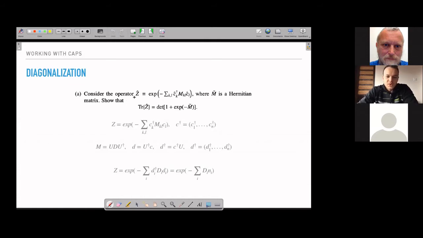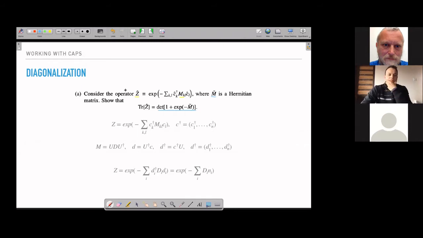At first, you're asked to consider the following exercise. You have an operator Z here, which writes as the exponential of a double sum of a combination of creation and annihilation operators with matrix elements. Here, M is considered to be a Hermitian matrix, and what you're asked to evaluate is the trace of this operator and show that it's equal to the determinant of the following expression.